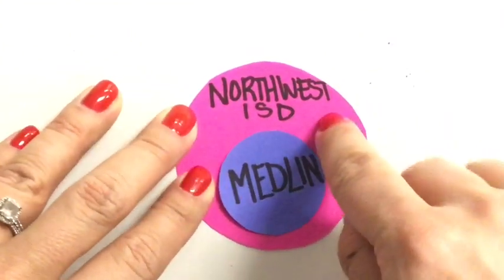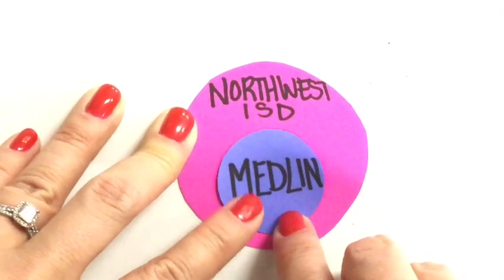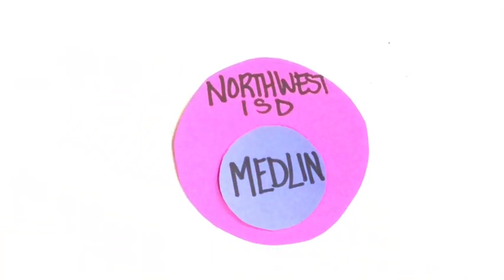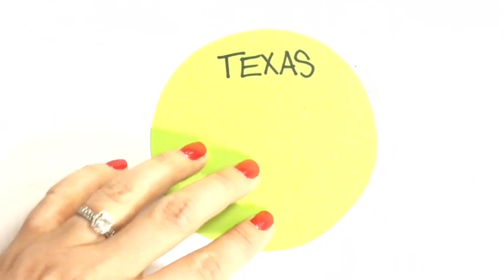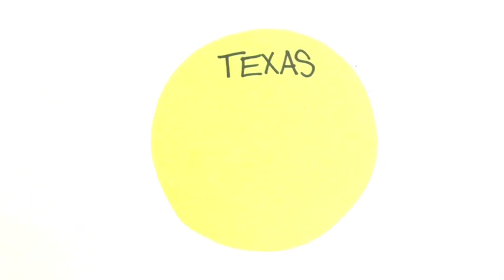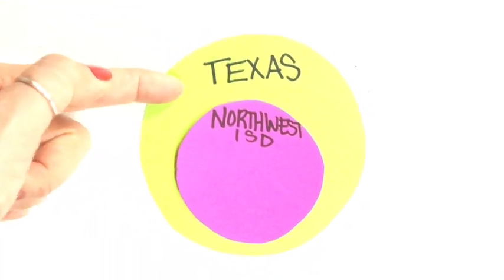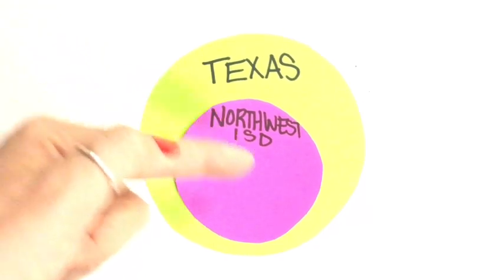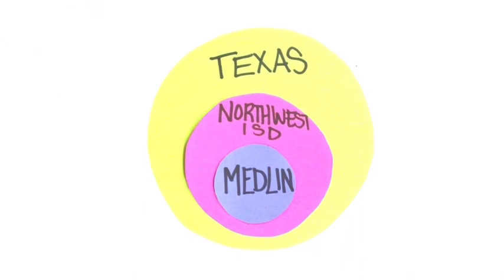So some students in Northwest ISD do not actually go to Medlin. What's also true is that we all live in Texas. Well, there's tons of students that live in Texas that don't go to Medlin and that aren't in Northwest ISD. So even though Northwest ISD is in Texas, there are many students that aren't in Northwest ISD and many, many students that don't go to Medlin.